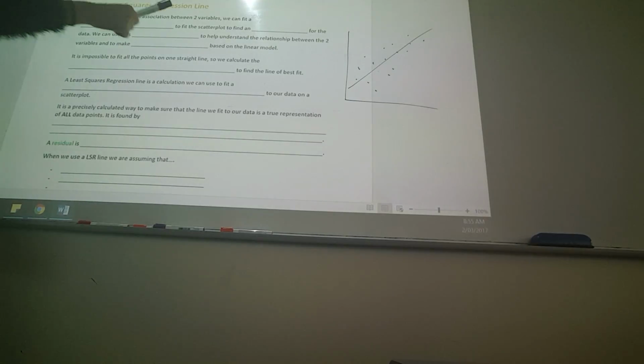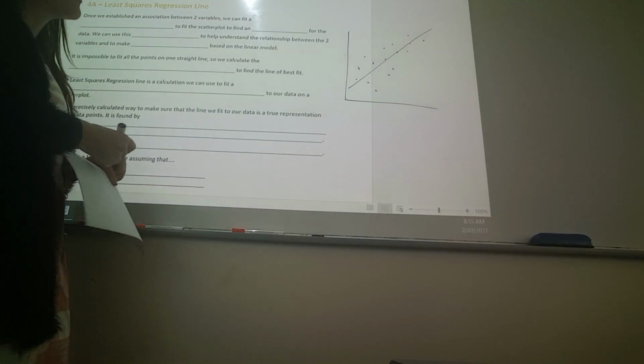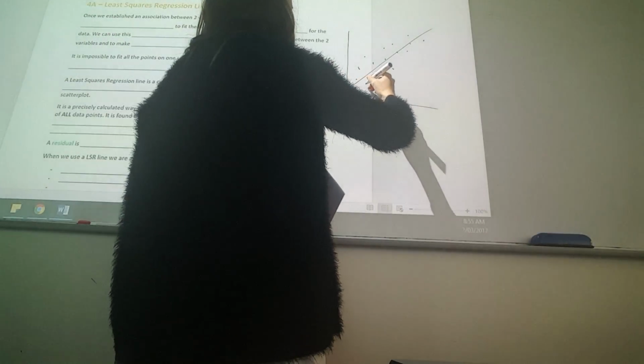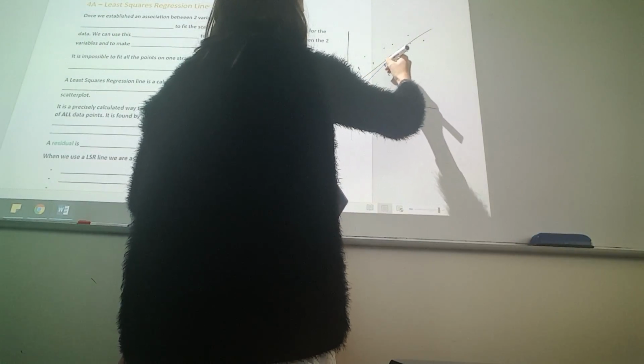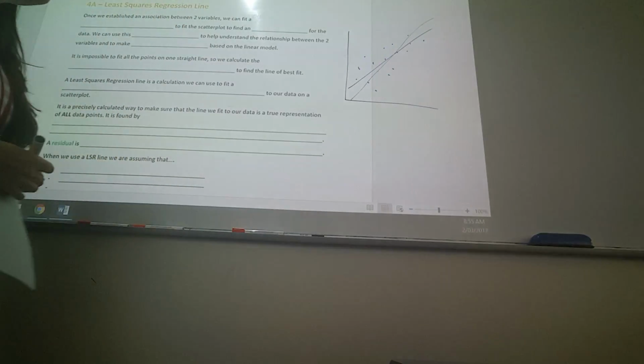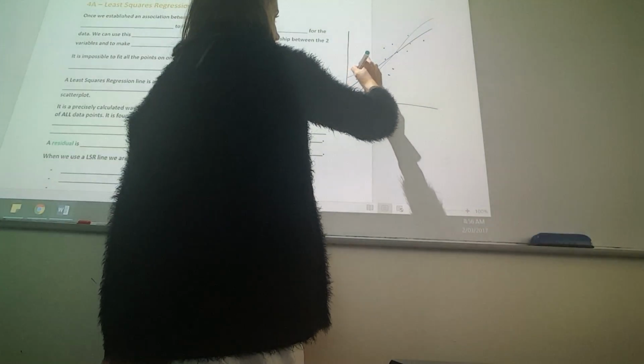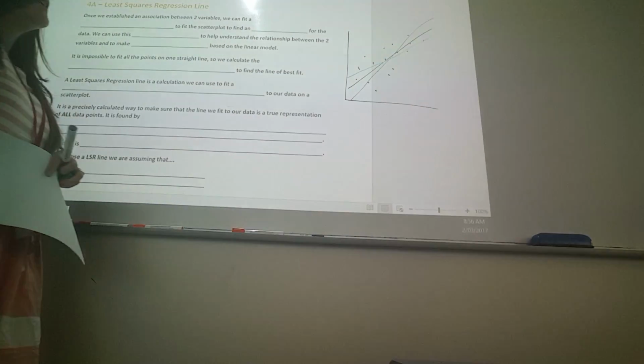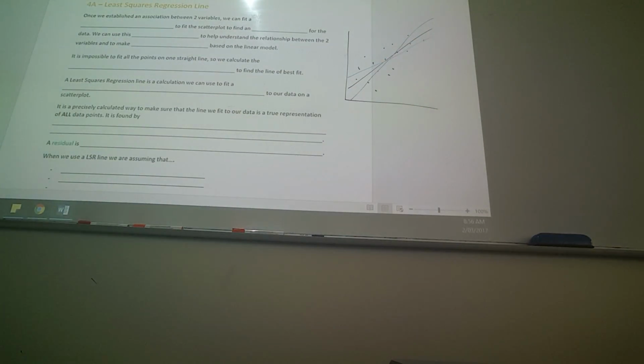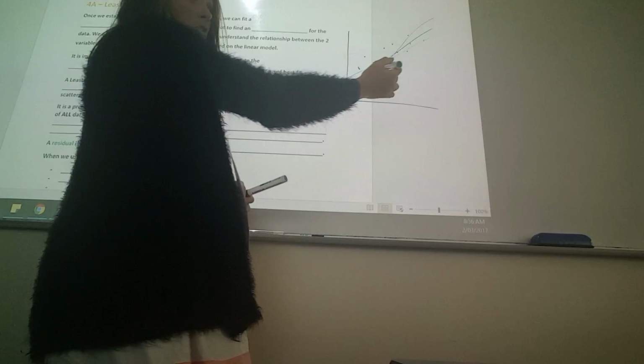If I was doing this by hand, I could probably draw one there, or I might draw one that way, or maybe that way. So if we're drawing it by hand, there's a few ways we could draw it, and we'd all end up with different answers because these are 3 different lines.